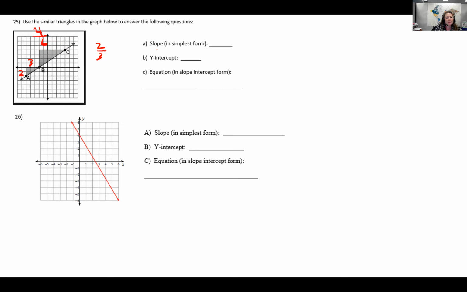Both of these simplify to 2 over 3. So the slope in simplest form is 2 over 3. Our y-intercept is about 1, so our equation is 2/3 x plus 1.